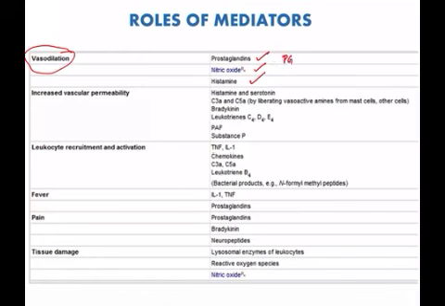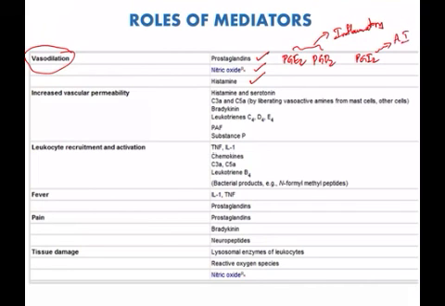But prostaglandin E2 and D2 are inflammatory, whereas prostaglandin I2, also called prostacyclin, is anti-inflammatory.